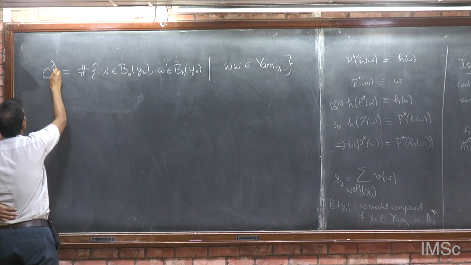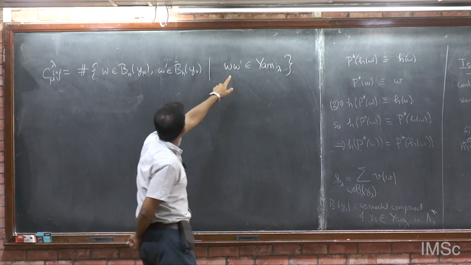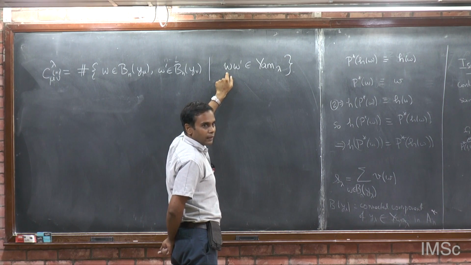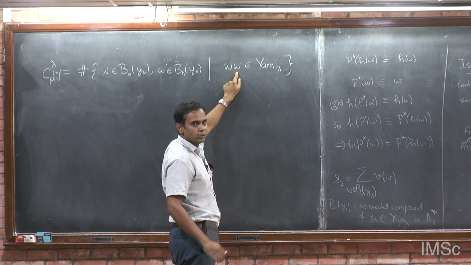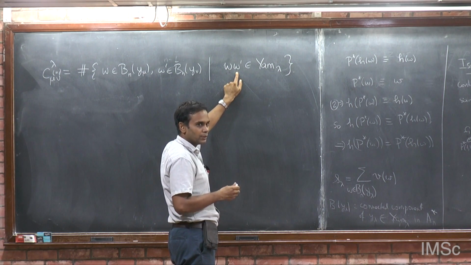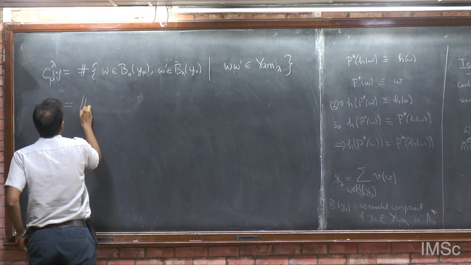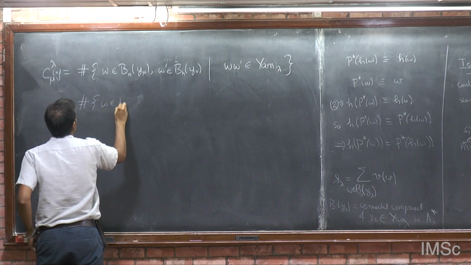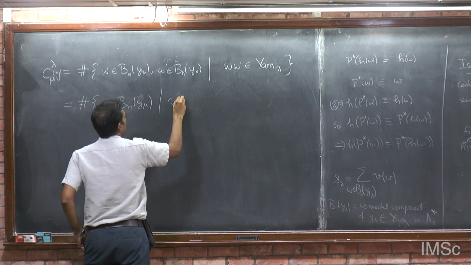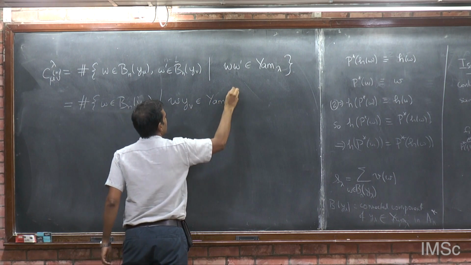Yeah, there's some n here. Now the point is, look at this W prime. This needs to be Yamanouchi, right? Every suffix of a Yamanouchi word is Yamanouchi. So what I can take is that I can simplify this as the number of W in B_n(y mu) such that W y nu belongs to Yam lambda.